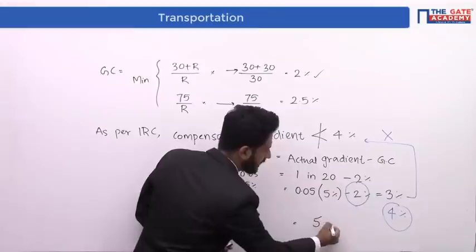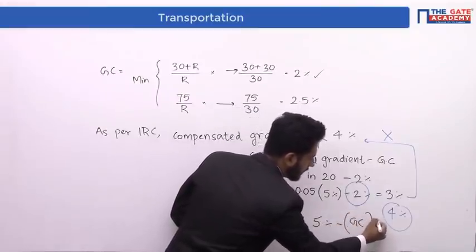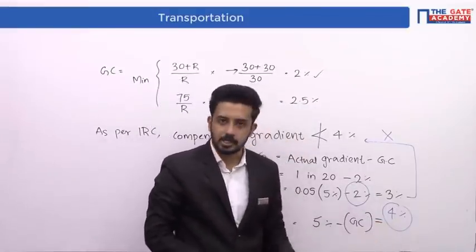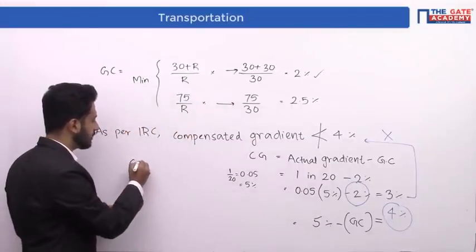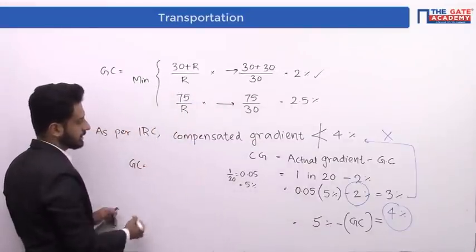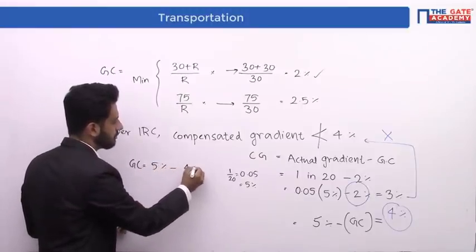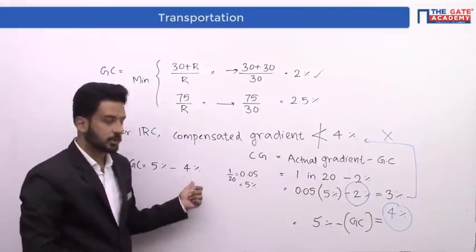Minus whenever I am applying the grade compensation, the minimum is 4%, correct? So how I can find out the grade compensation now? The existing gradient minus 4%.